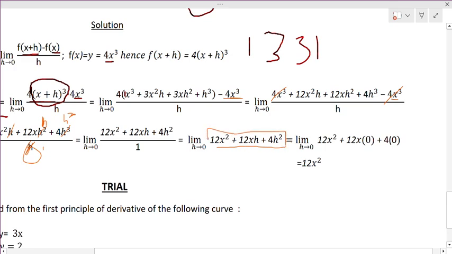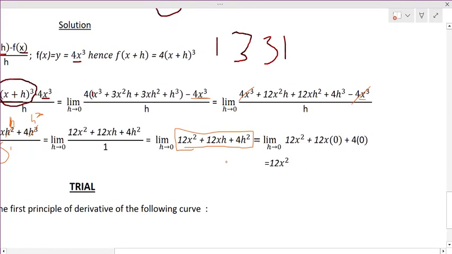Now what you're going to do is apply our limit here. We are saying h is approaching 0, so whenever you see h, you just put 0 there. So it will be 12x squared plus 12x times 0, and 4 times 0 squared, which is still 0.